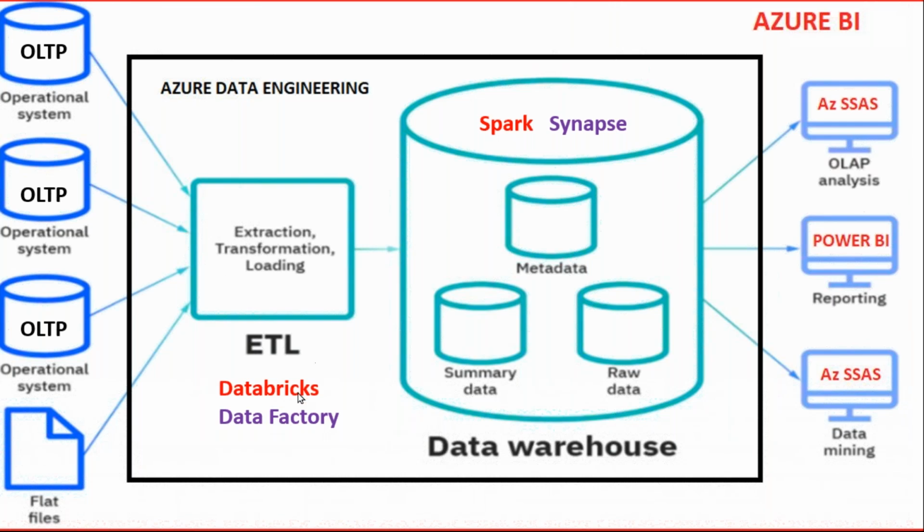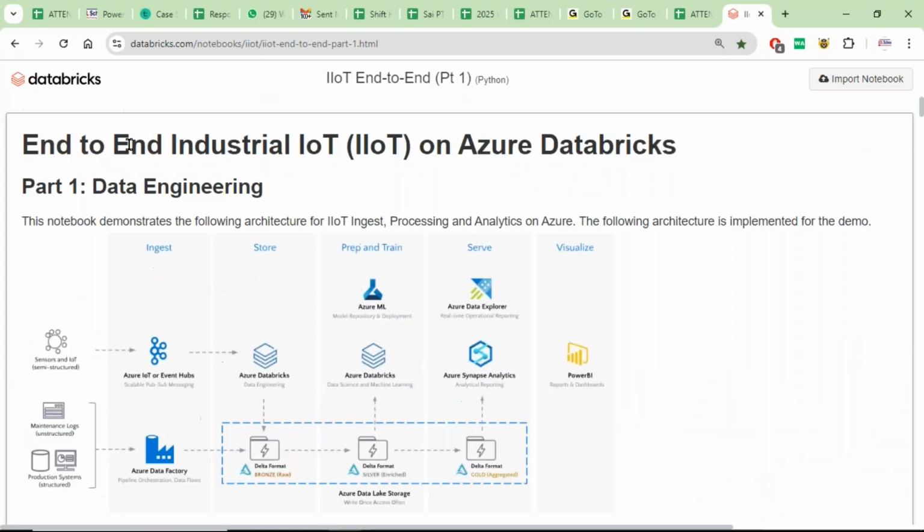Open source ETL, Databricks; Microsoft ETL, Data Factory; open source warehouse, Spark; Microsoft warehouse, Synapse. All these 4 components, ETL to warehouse, are the best friends. And we need to learn their friendship carefully with meaningful examples and end-to-end implementations.